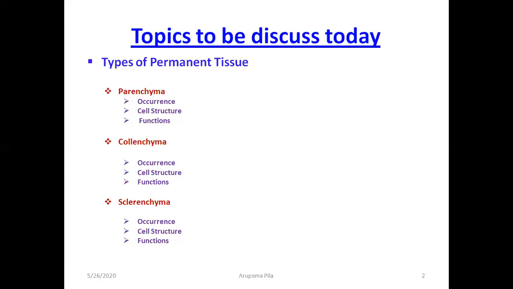Then collenchyma tissue, again its occurrence, cell structure, function and diagram. And last, sclerenchyma tissue. So, permanent tissues are of 3 types: parenchyma, collenchyma and sclerenchyma.